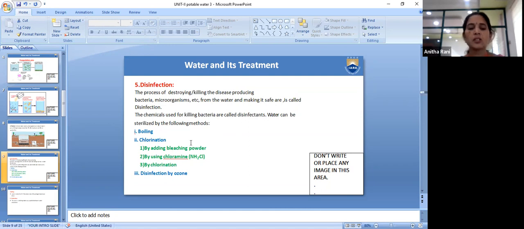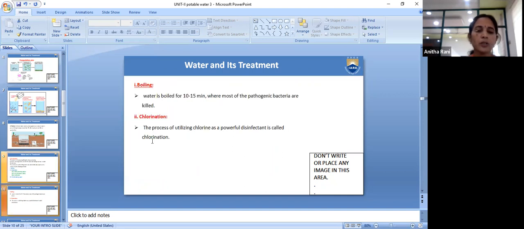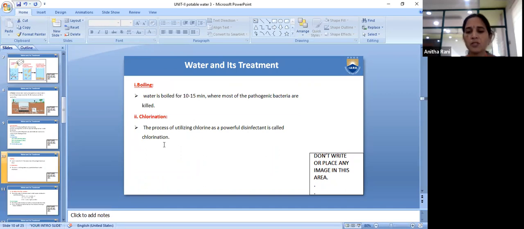In chlorination, we use bleaching powder, or chloramines, or we can add chlorine directly to the water. What is chlorination? It is the process of utilizing chlorine as a powerful disinfectant. Chlorine is a disinfectant because by using chlorine we can kill the bacteria. So what is chlorination?